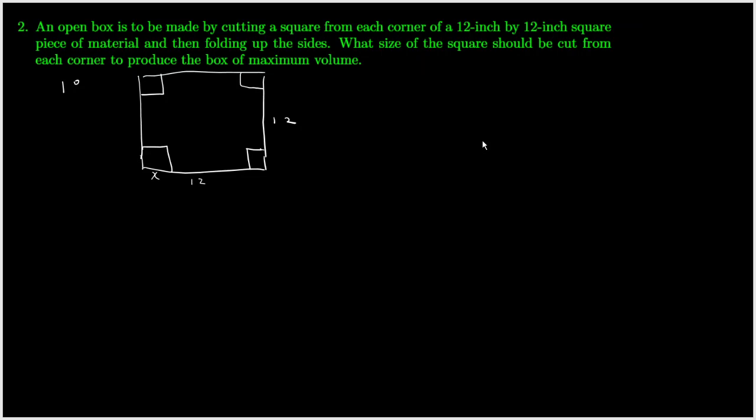Yeah, 12 minus 2x is going to be the side length of the base. I was asking for the height. As long as you know that, then I believe you're following me. Okay, you know what's going on.